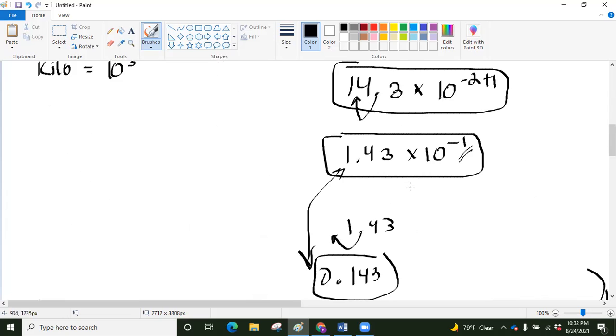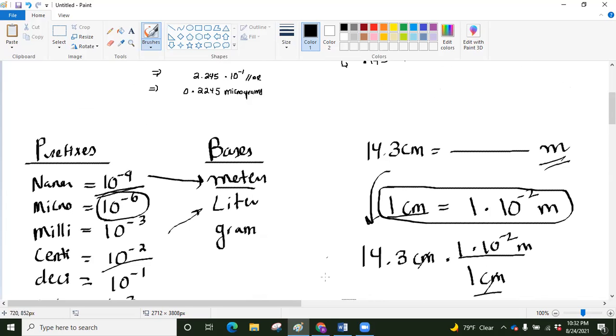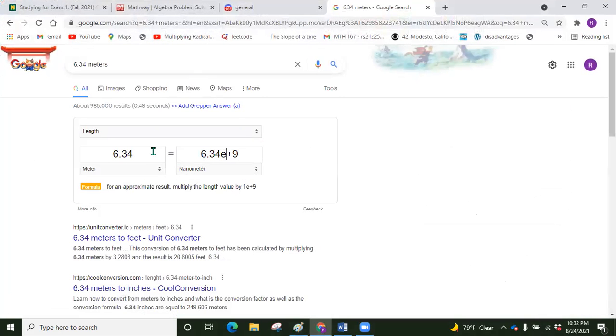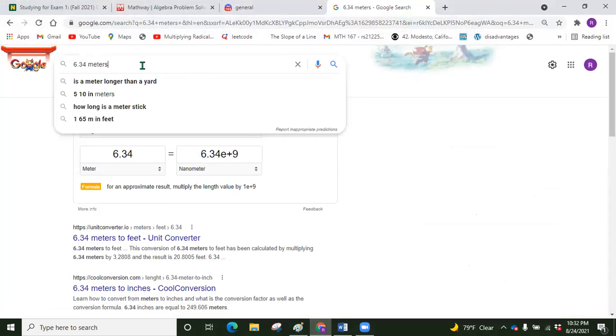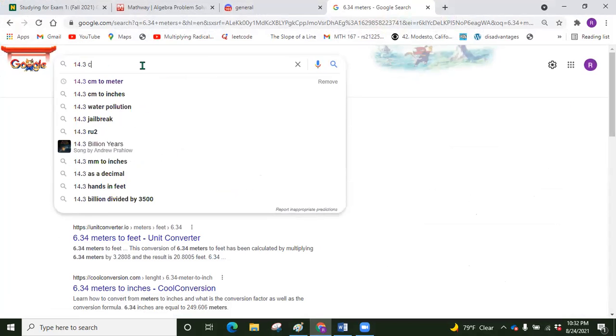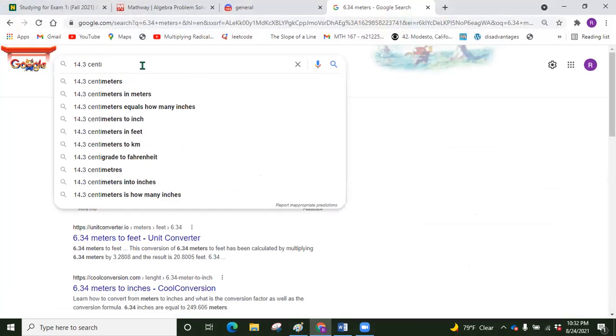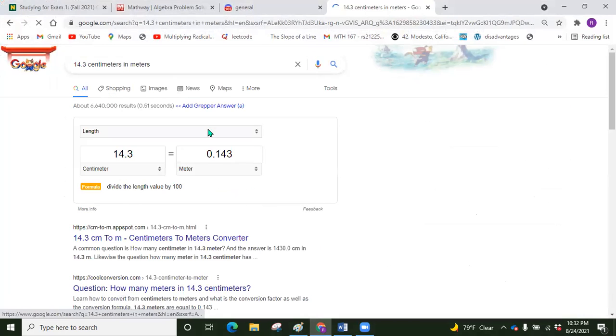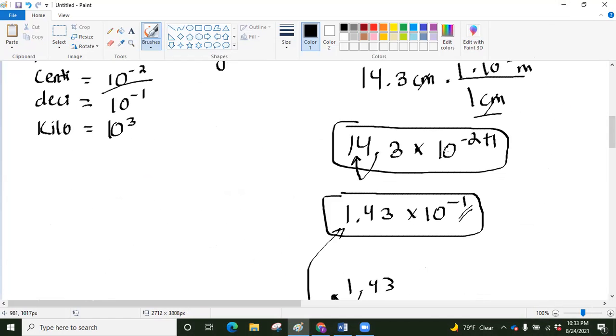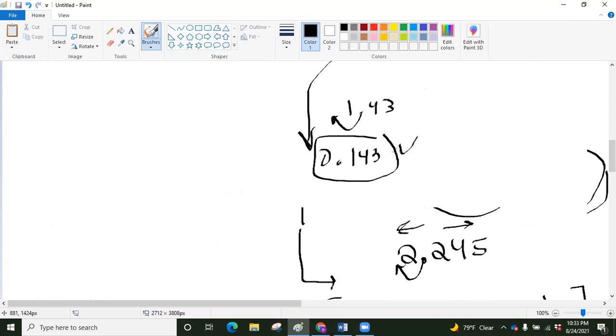But that is the basic answer. So let's go ahead and check that on the internet. 14.3 centimeters. And it seems like we are right on the money here, 0.143, 0.143.